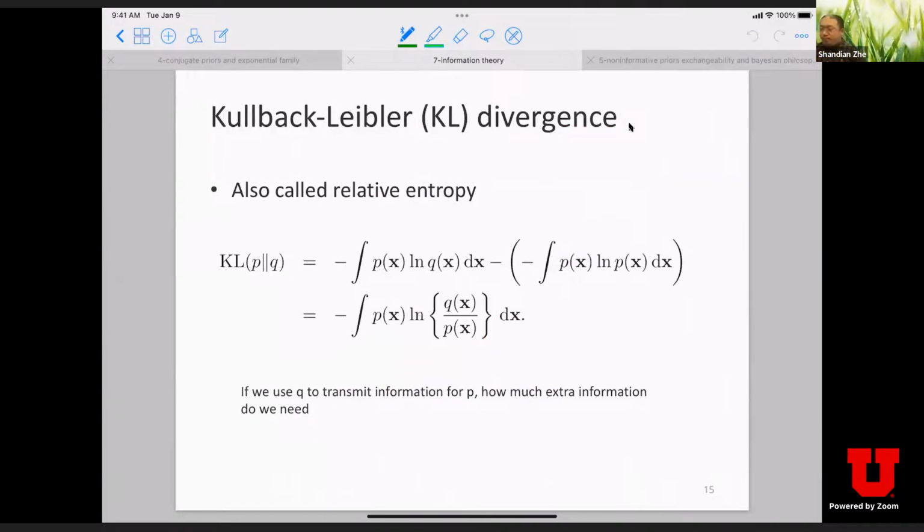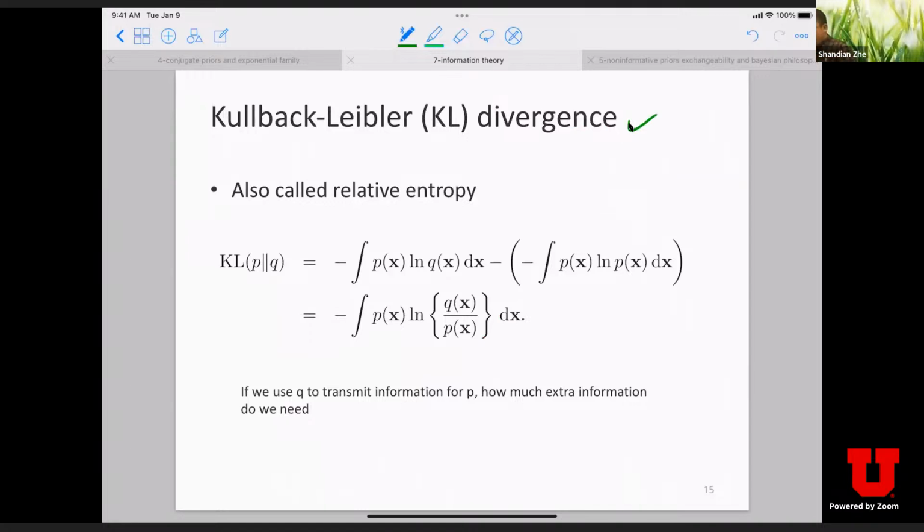And then KL divergence. KL divergence is actually the most important information measurement we're going to use in our progressive learning. Entropy is often important, but it's less important than KL divergence. So what is KL divergence?